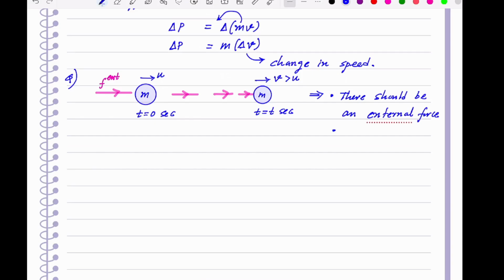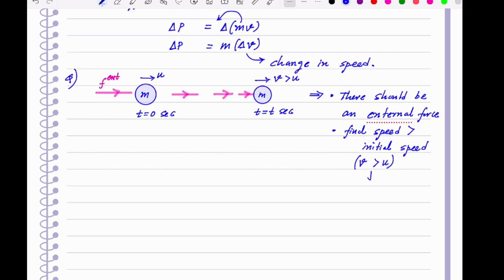Second thing would be, final speed is greater than initial speed. So that means v is greater than u. Final speed is greater than initial speed.